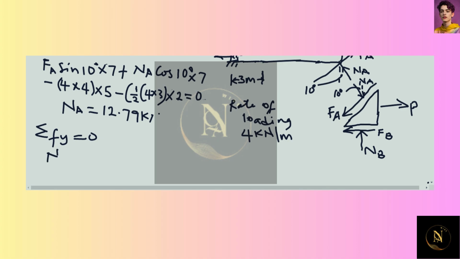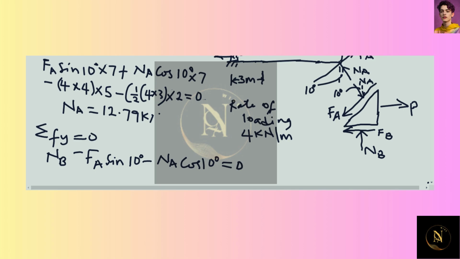When you do that, you are going to have your normal reaction, sorry, this time the normal reaction at B: minus Nb minus Fa sine 10 degrees minus Na cos 10 degrees is equal to 0.